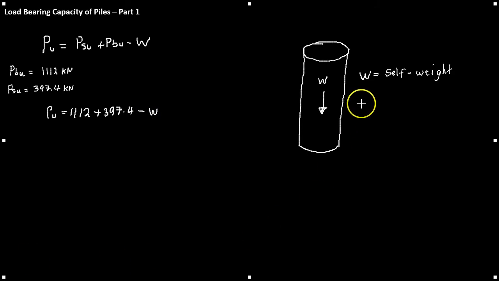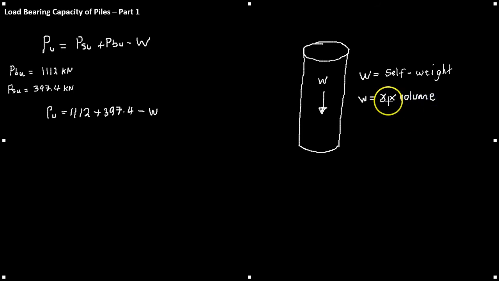Now this might work differently for some people, but the way I was taught is if the unit weight of the concrete is not specified, then you just take it to be the same as the unit weight of the soil.